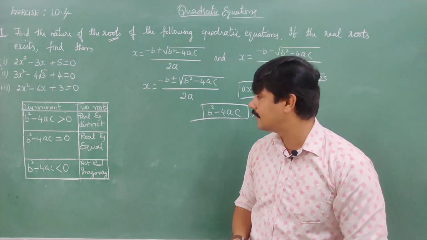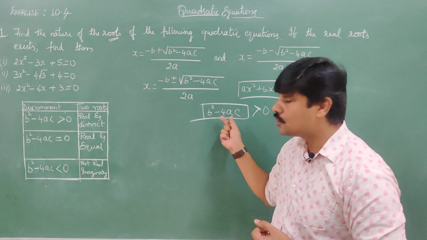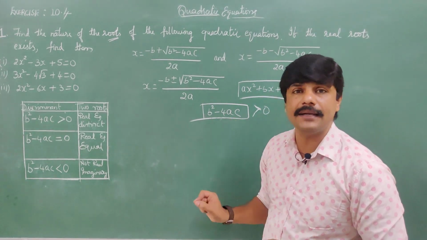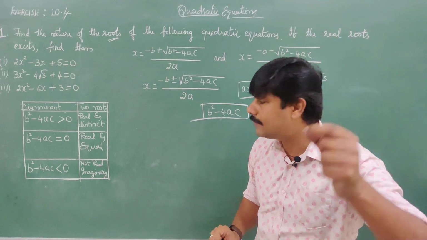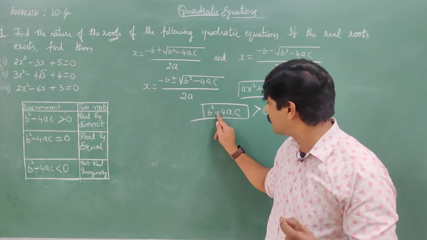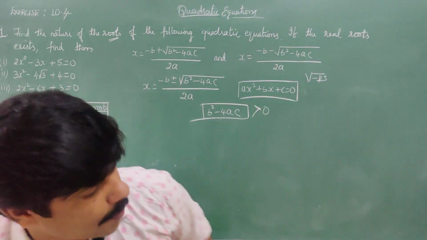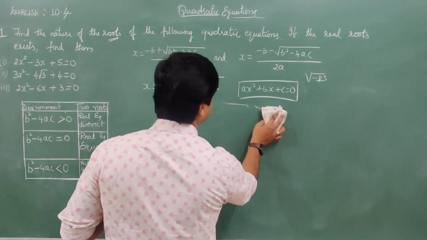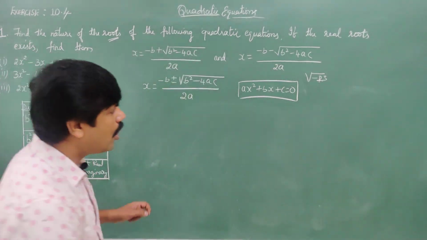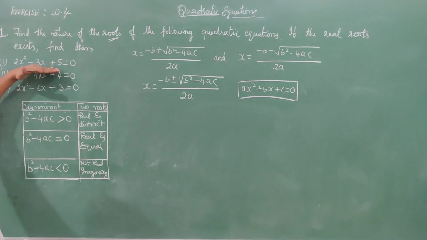Okay, all this information is given by b square minus 4ac. So this is called the discriminant. Find the value of the discriminant means they are asking to find the value of b square minus 4ac. This is also known as the discriminant. Understand properly. Okay. So with this, we will see what kind of nature this particular equation has, what kind of nature the roots of this equation have.